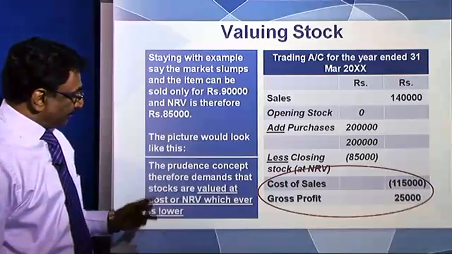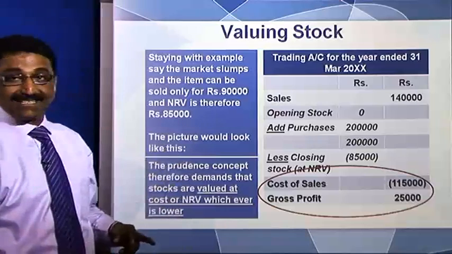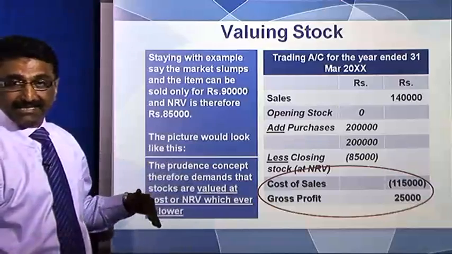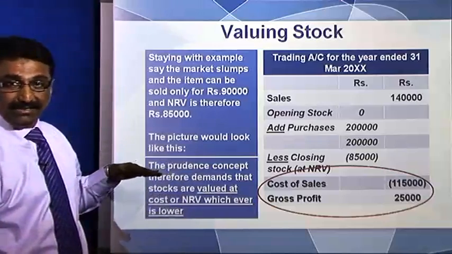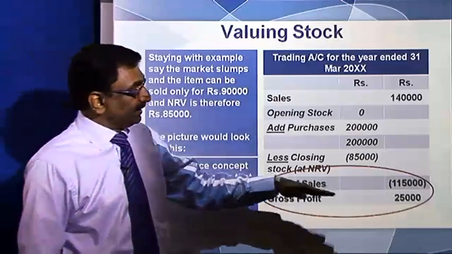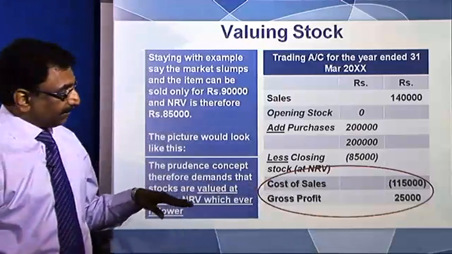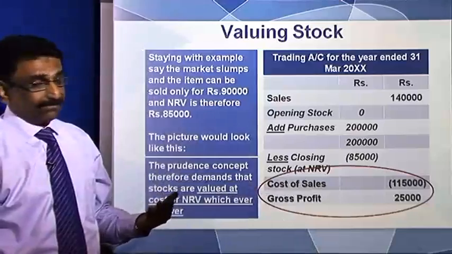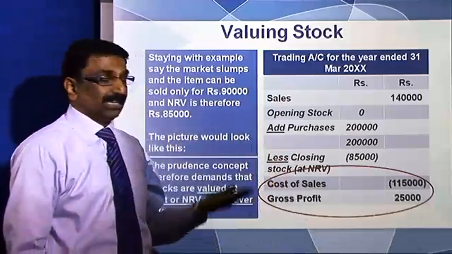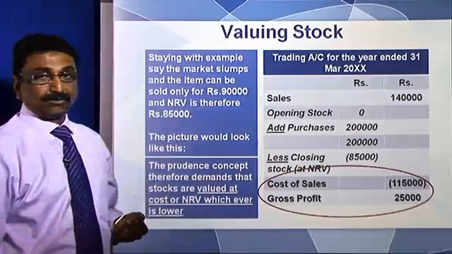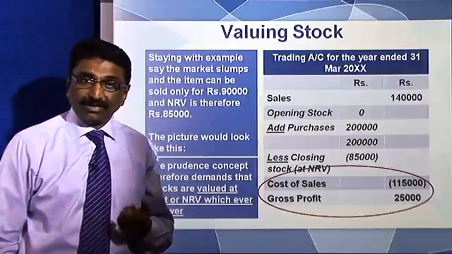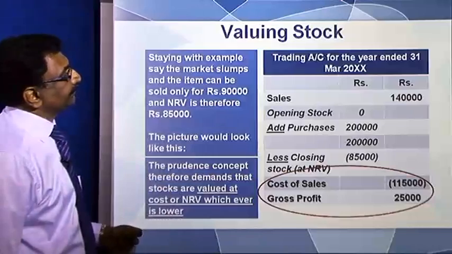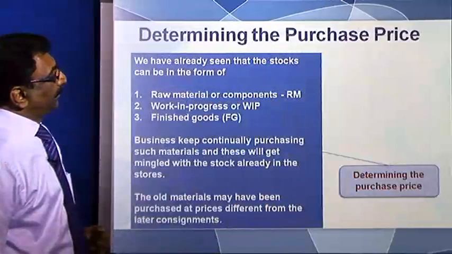The prudence principle tells us that we should value the stock at the net realizable value or the cost price, whichever is lower. This is a pretty important concept, because as a part of the prudence thing, many firms tend to inflate their profits through this process, and therefore it's a very important concept to note and understand.